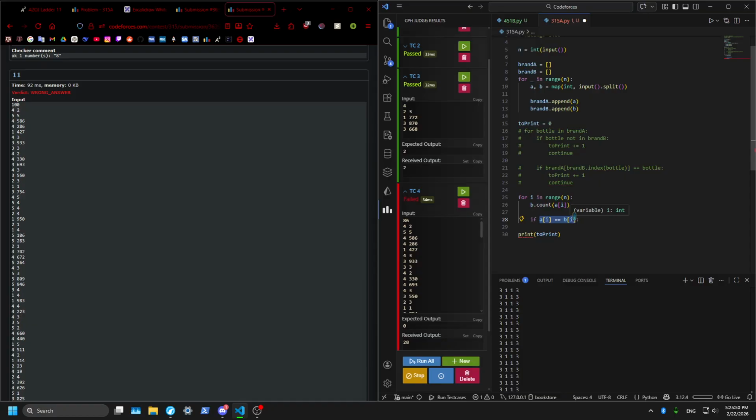Now, what we need to do: this is the opener, the number of bottles that can open A[i].